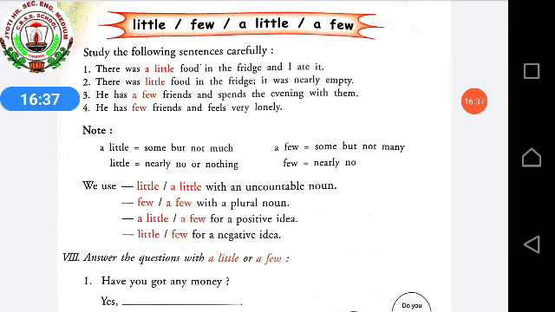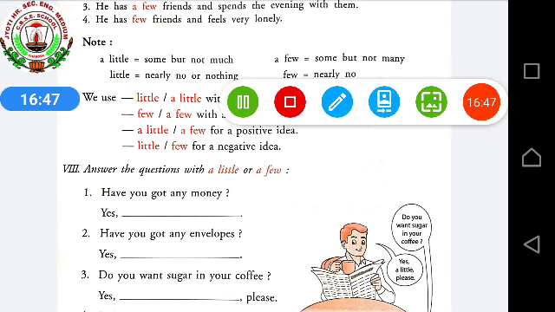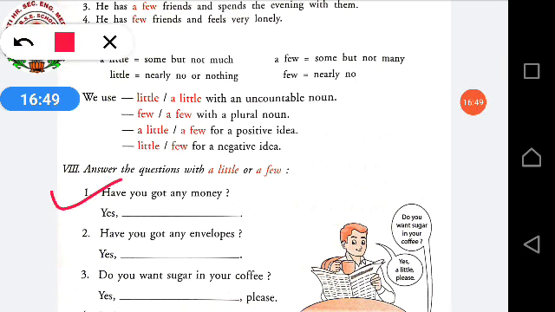Okay, answer the questions with a little or a few. Have you got any money? Yes. Yes means it is positive, is it? So for positive what we are using? Money. Can you count money? No, we cannot count money.